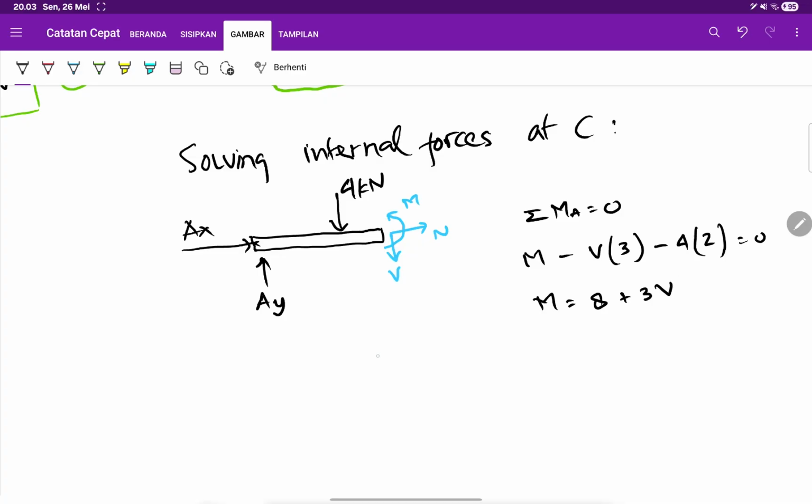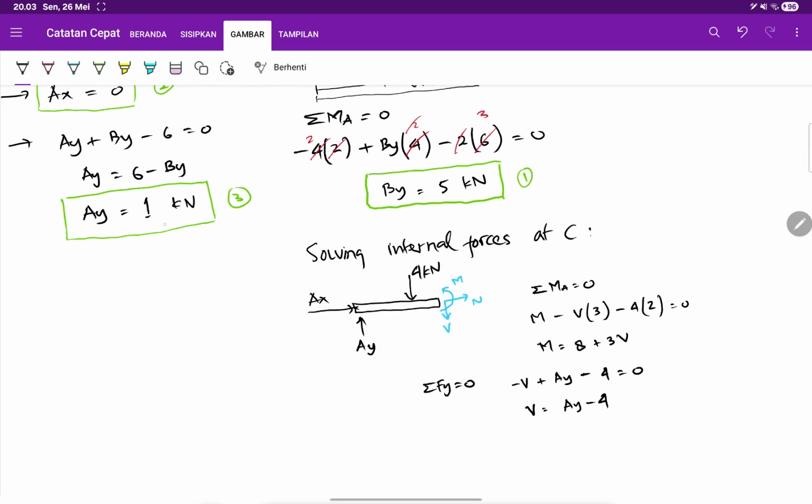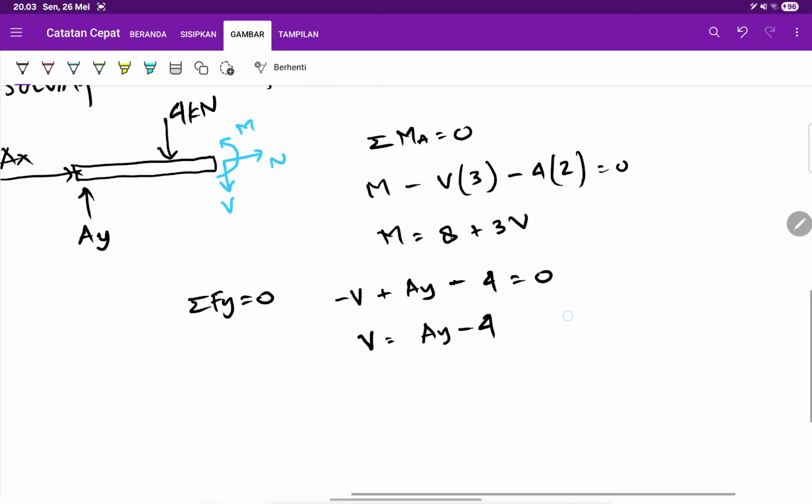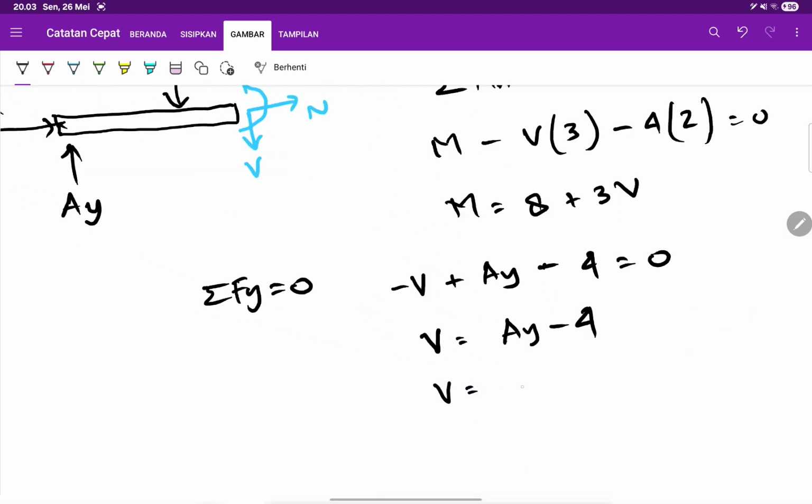So let's evaluate V. Sigma Fy equals 0. That means minus V plus Ay minus 4 equals 0. So your V will become Ay minus 4, where Ay is 1 kilonewton from the third unknown that you solved. So your V will be 1 minus 4, which is minus 3 kilonewton.